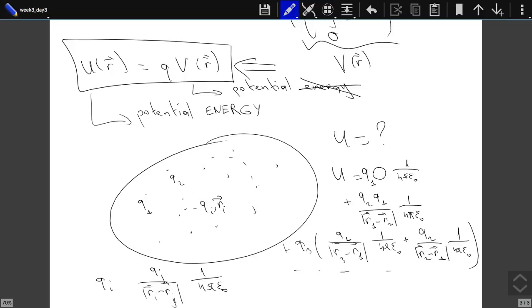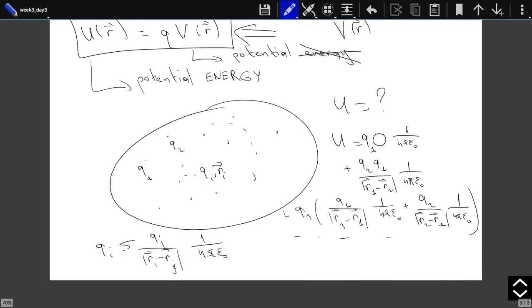We have this 1 over 4 pi epsilon 0 summed over all j from 1 to i minus 1, because we are just summing over all the charges that we had already brought. We brought Q1, Q2, Q3 up to Qi minus 1, and then finally we are bringing the Qi charge. This is the work that we have to do. Plus, you just have to bring all your charges one by one.